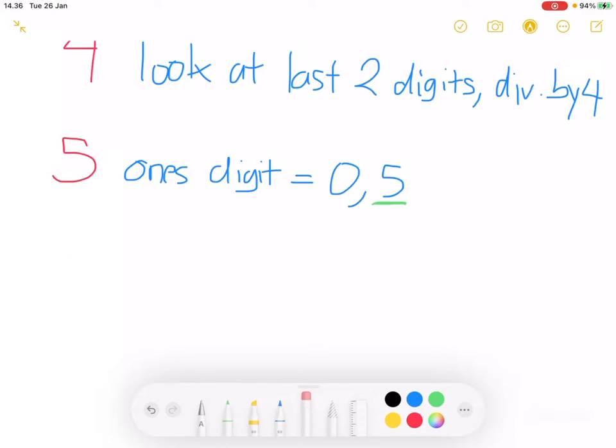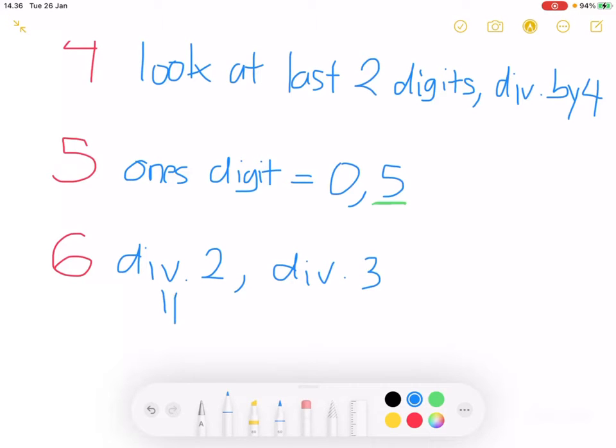Okay, 6 is an interesting one because if a number is divisible by 6, it must be divisible by 2 and it must be divisible by 3.